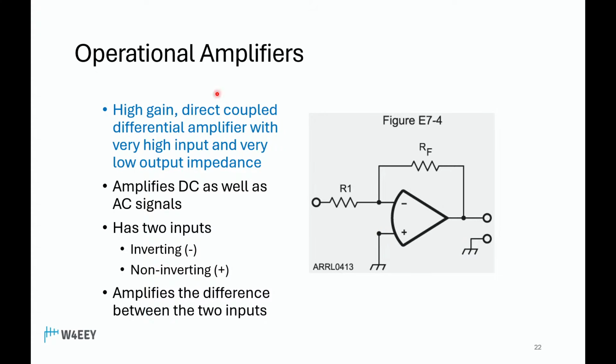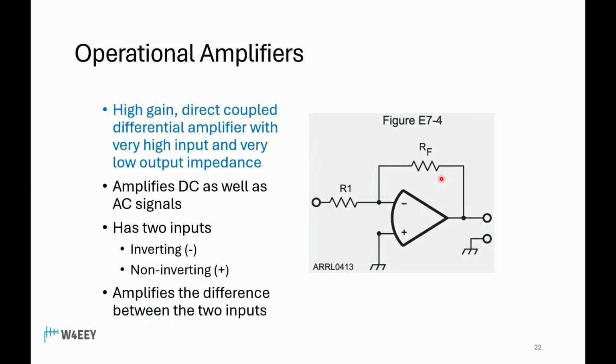So now hopefully these words make a little bit more sense. So the op-amp will amplify DC as well as AC. We talked about the inverting and non-inverting inputs, and we talked about the fact that it amplifies the difference between the two inputs, kind of breaking this statement down a little bit.